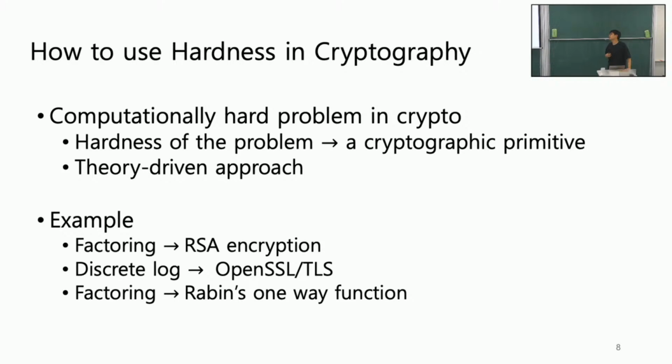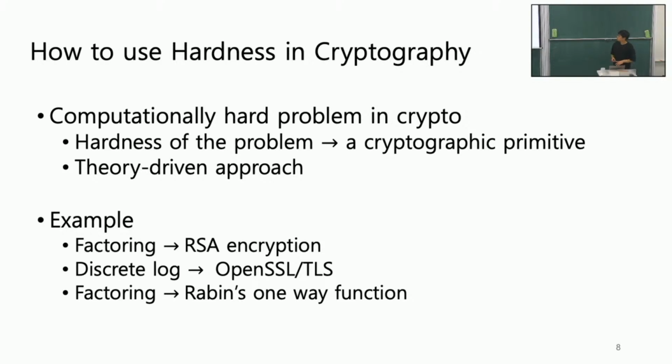Indeed, we can construct a new scheme based on the hardness of a computationally hard problem, which means if someone can break our scheme, then someone can also solve the hard problem in polynomial time. However, we already know the base problem is hard, so we can insist that our new primitive is secure. It is called a theory-driven approach because there is a proof.